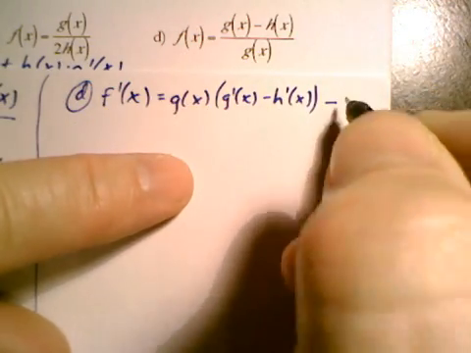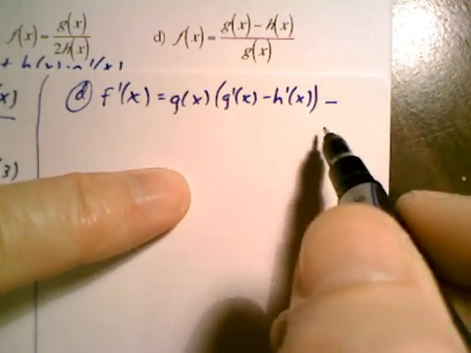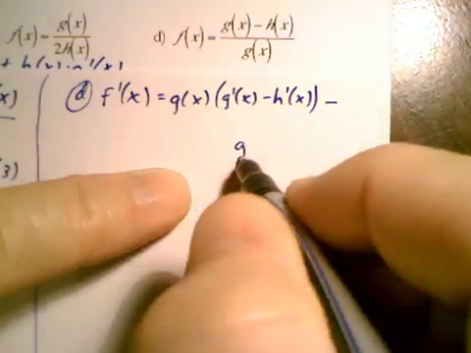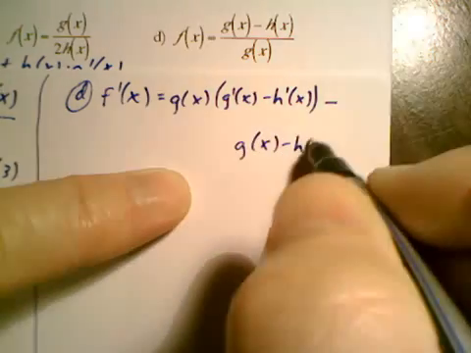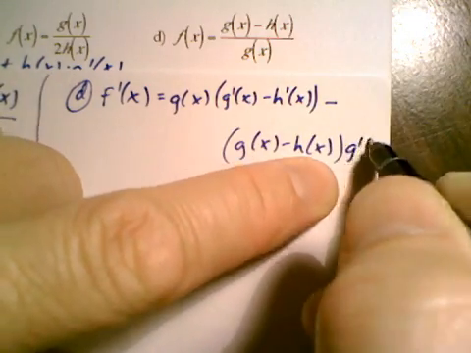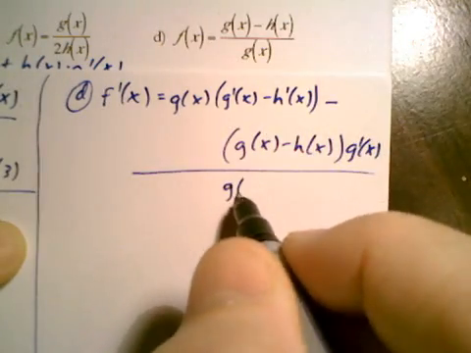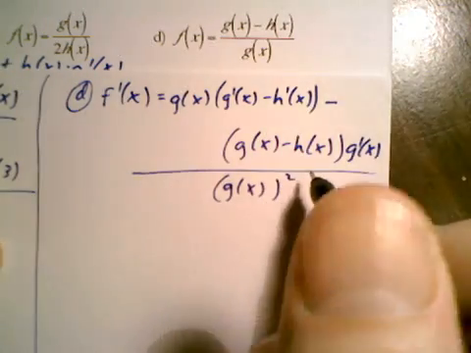Okay. Now minus, and we're going to have to go down here a little bit. So this is all in the numerator. Minus high, which is g of x minus h of x, and then times d low, which is the g prime of x. Now all of that is over g of x squared.